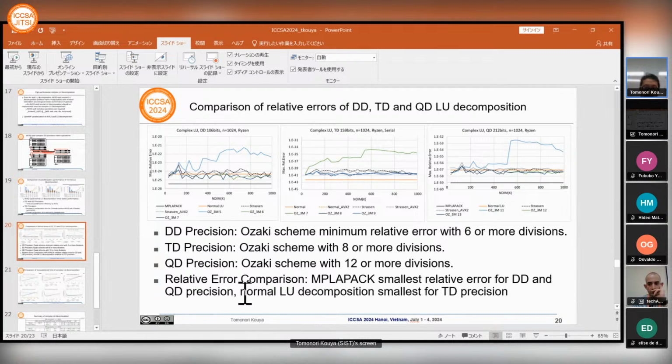But MPLAPACK can also get the smallest relative error for double and quadruple precision normal LU decomposition. But with our other implemented LU decompositions, we can achieve enough precision by using Ozaki scheme.